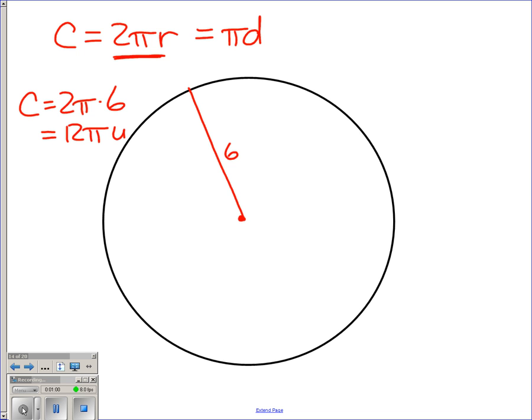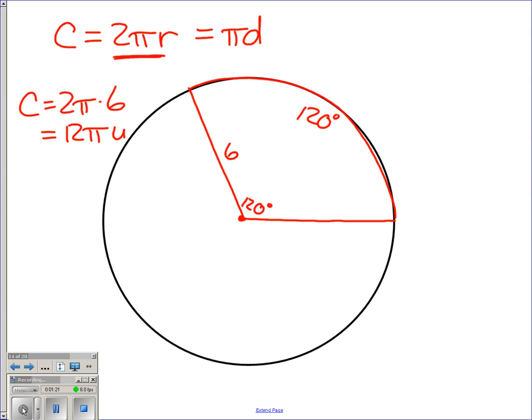But what if they don't want the whole circle? What if they just give, say, an angle of 120 degrees here for the central angle, or the arc measure of 120 degrees? We could give either one because they're going to be the same. Central angle and arc measure are the same.